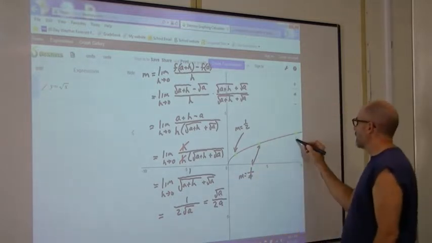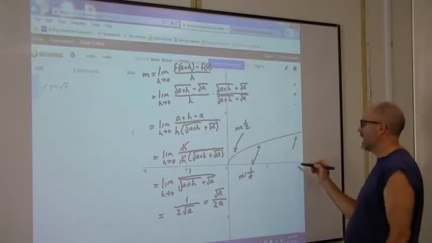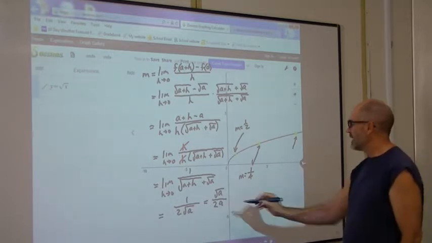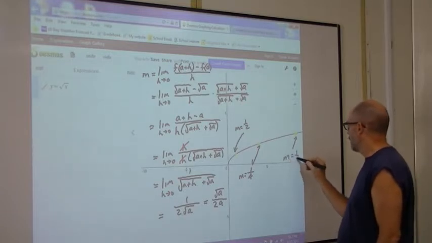And the slope right here at x equals 9 is going to be 3 over 18, which is 1/6.